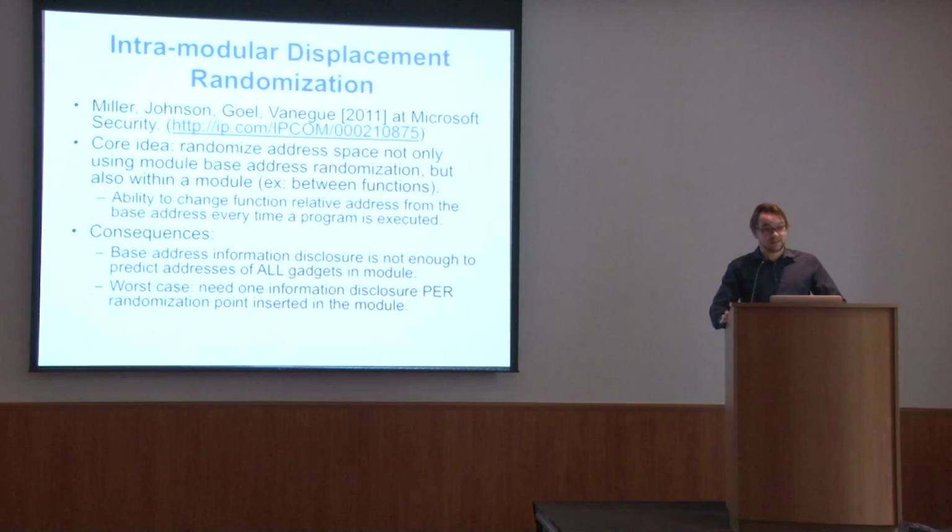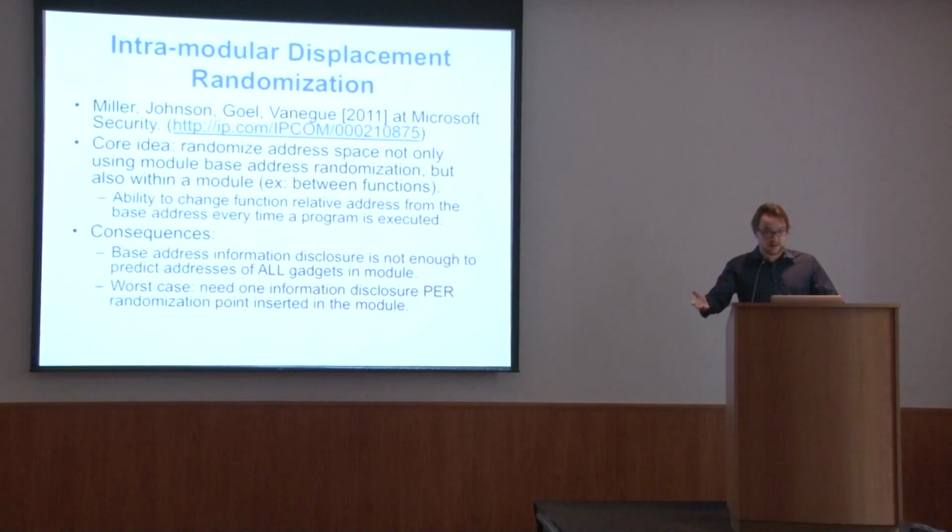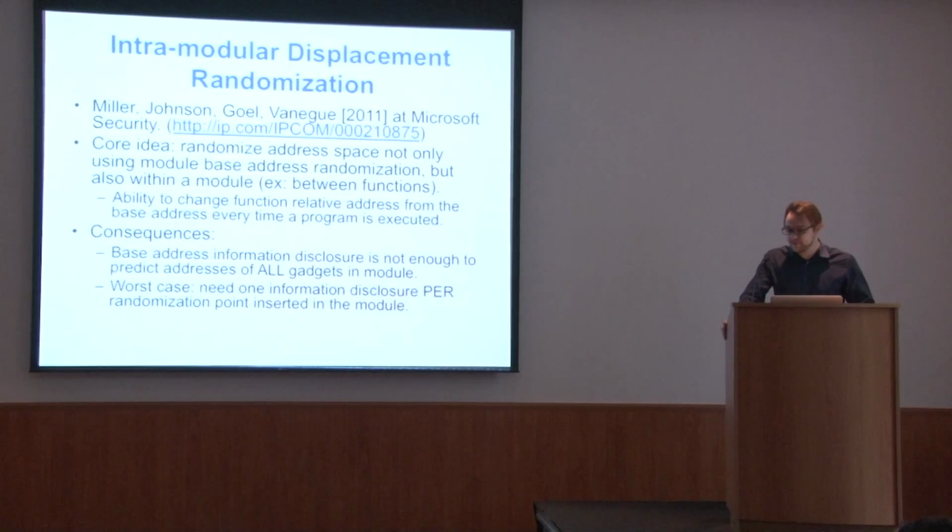For example, you can add some padding at runtime between the functions, and the padding depends on some random parameter that you choose at relocation time, for example. There are prototypes of this protection already, even though, again, it hasn't hit the mainstream market. People have been working on that really hard to make it happen and to make information disclosure a harder game.